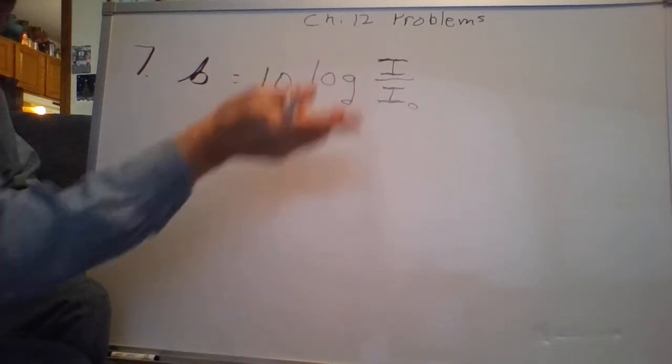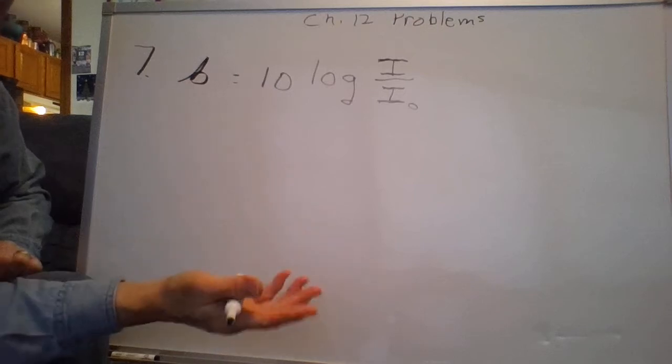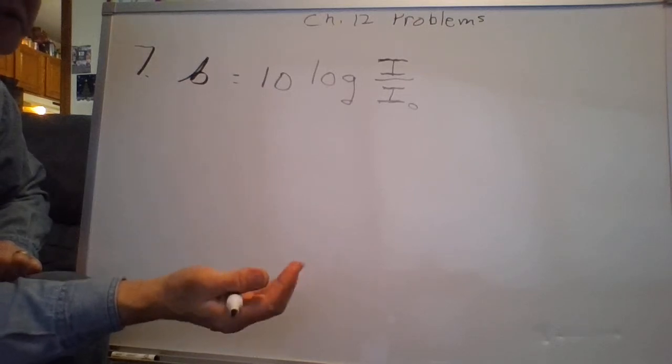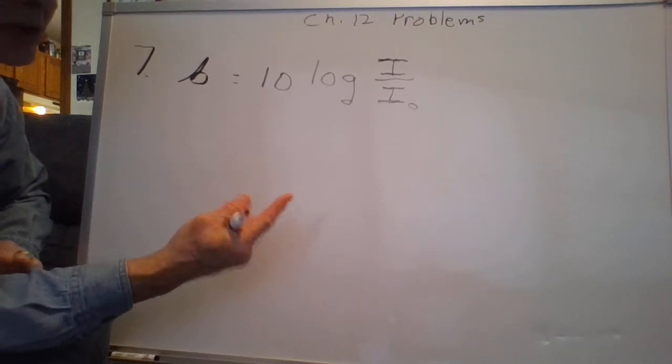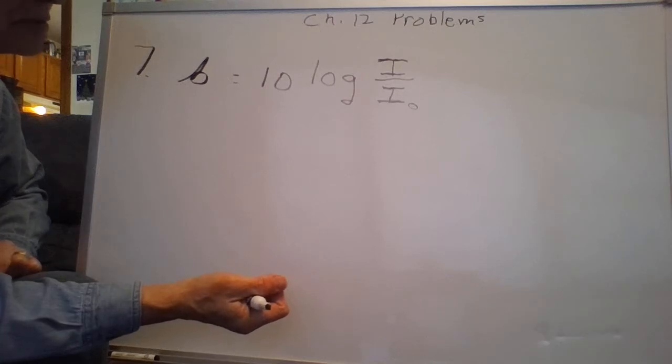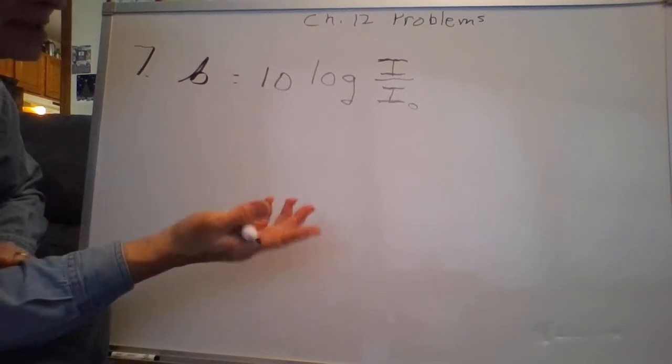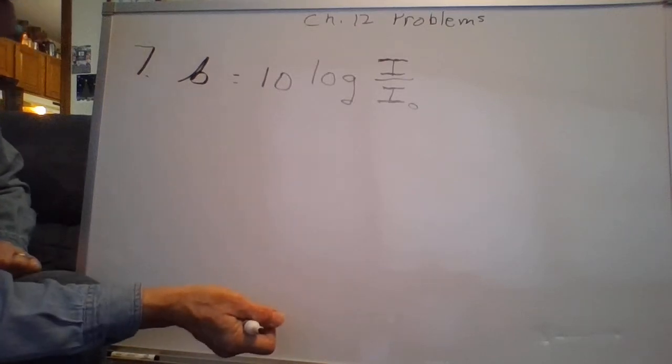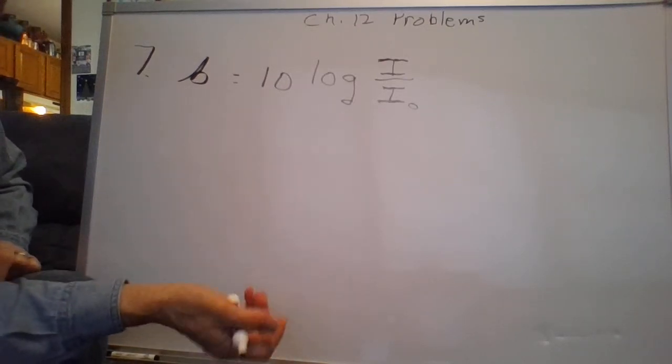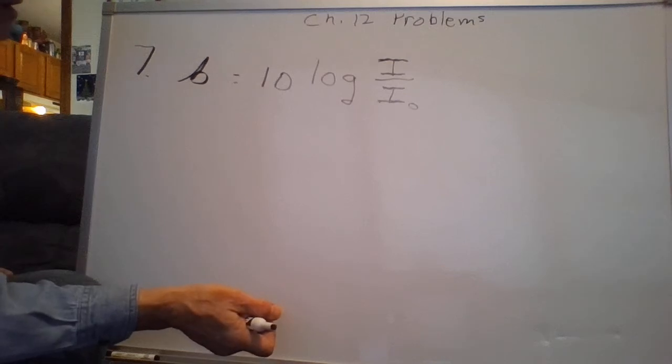And we take the log of that, which just means what power do you take 10 to get that ratio. The log is an exponent of 10. And then we multiply 10 times that because it makes it a larger number and spreads out the scale a little bit.